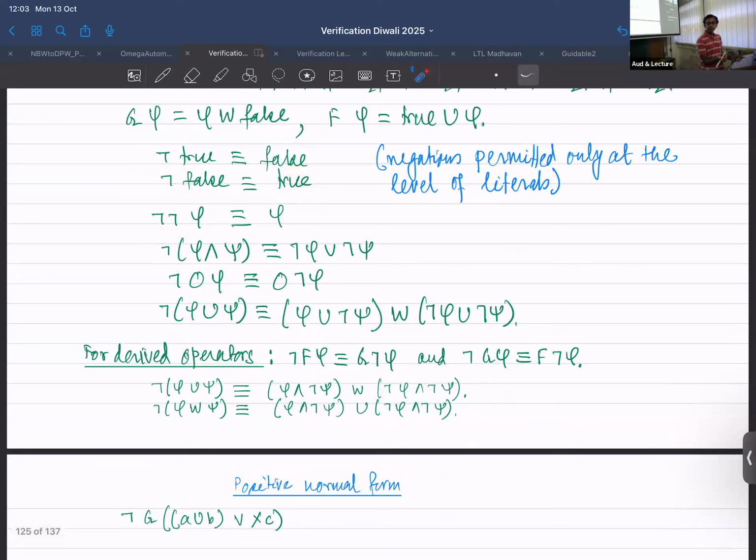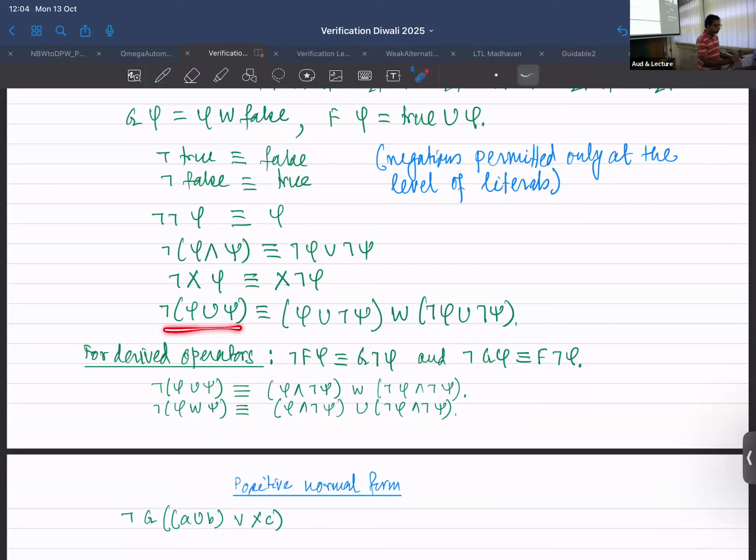Negation of phi is phi. Now, if you have negation of phi and psi, then you use the disjunction, correct? So you can push the negation inside. So negation of next of phi is next negation of phi.